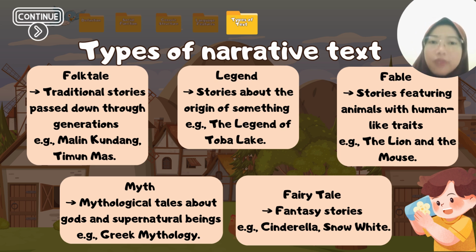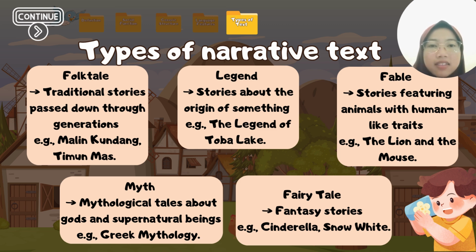There are five types of narrative text. The first is folktale, which is a story that is passed down from generation to generation, such as Malin Kundang, Timun Mas, Keong Mas, and many other stories.